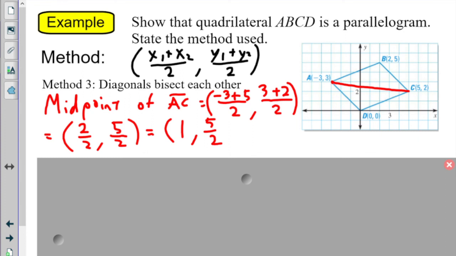So again, I'm going to pause and let you find the midpoint of the other diagonal. The other diagonal starts at B and goes down to D. And your goal is that the midpoint should come out to be the same thing in both diagonals, so that we have both of them being bisected in the same place. So pausing for a few seconds.